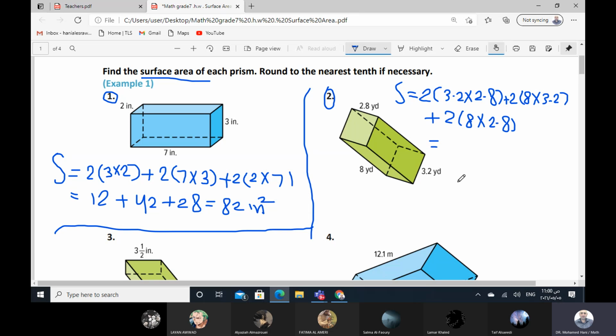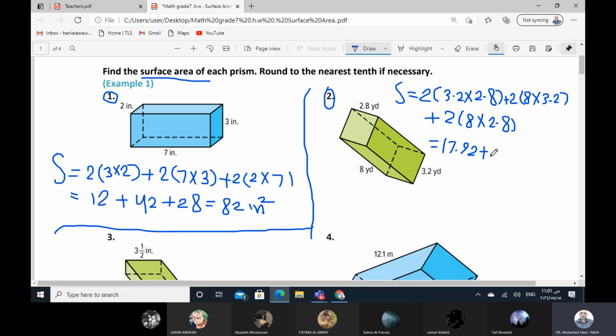Now we can calculate. Here we have 2 times 3.2 times 2.8. The answer will be 17.92. Plus we have here 2 times 8 times 3.2.